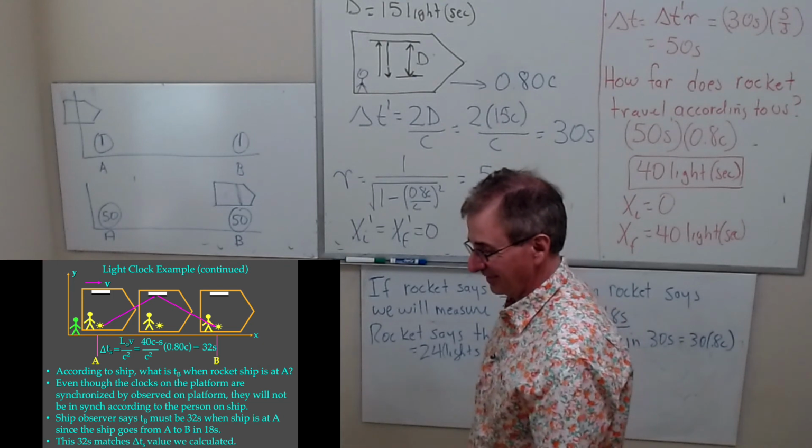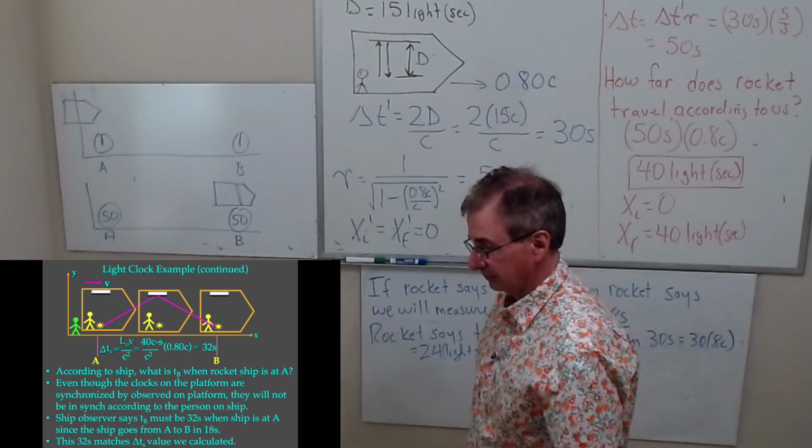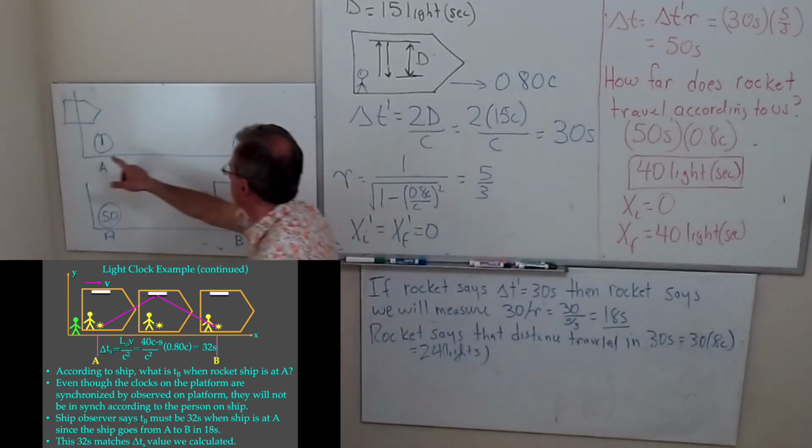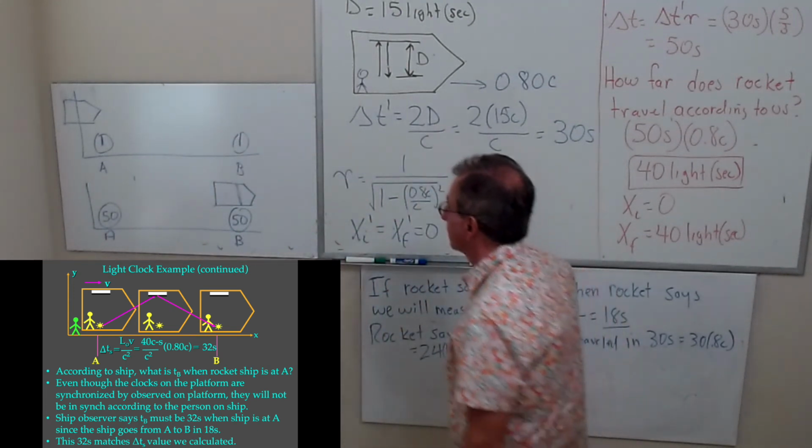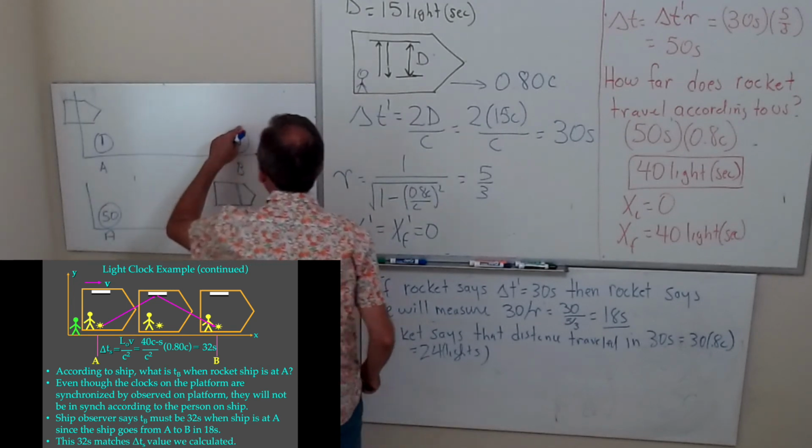So this will read 32, and this will read, we don't know, I guess 0. These two are off by 32. Yeah, this will read 0, this will read 32. The rocket gets from here to here and now says, oh, now it reads 50.